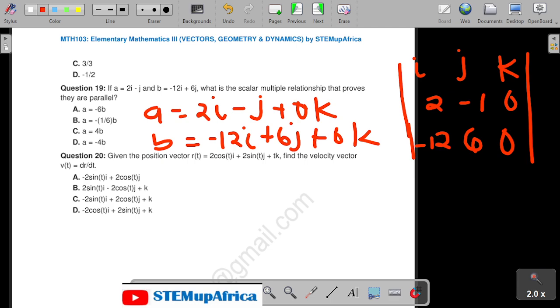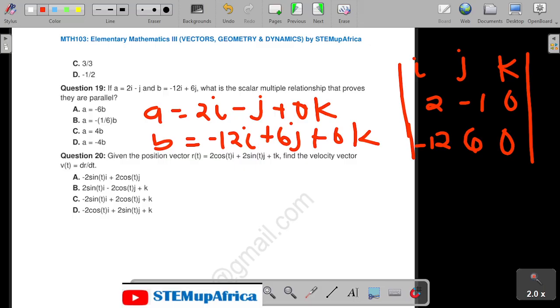From here, you apply the concept of determinants. You take the first variable and work with it. You also take the second variable and work with it.